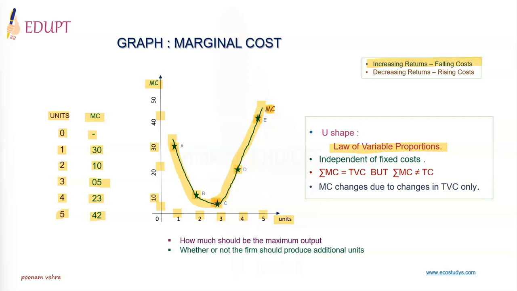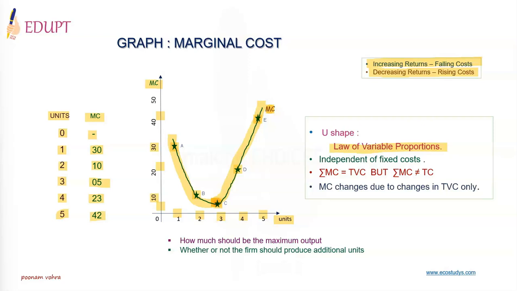Minimum marginal cost is due to the optimum combination of fixed and variable factors. And then the rising portion of marginal cost is due to diminishing returns or increasing cost. It occurs due to defective factor ratio resulting in mismanagement and inefficiency.